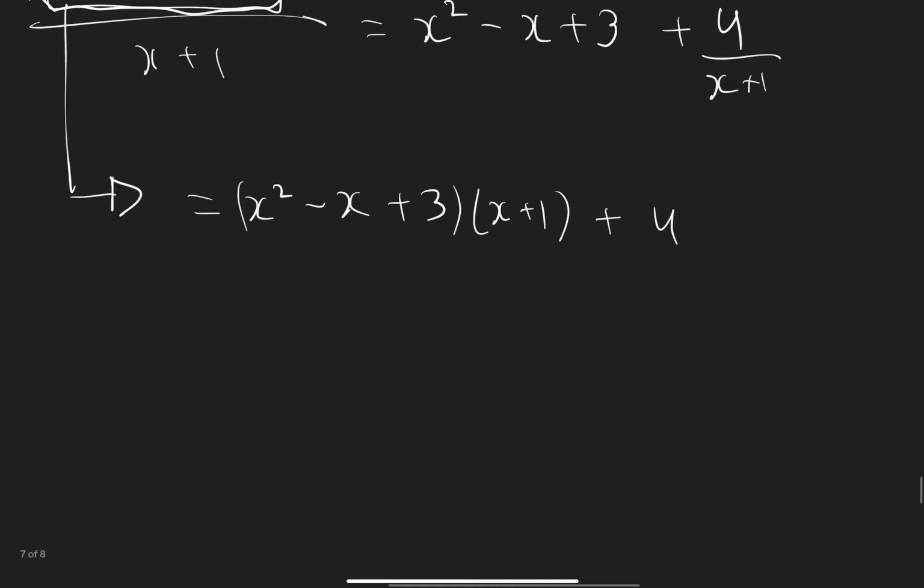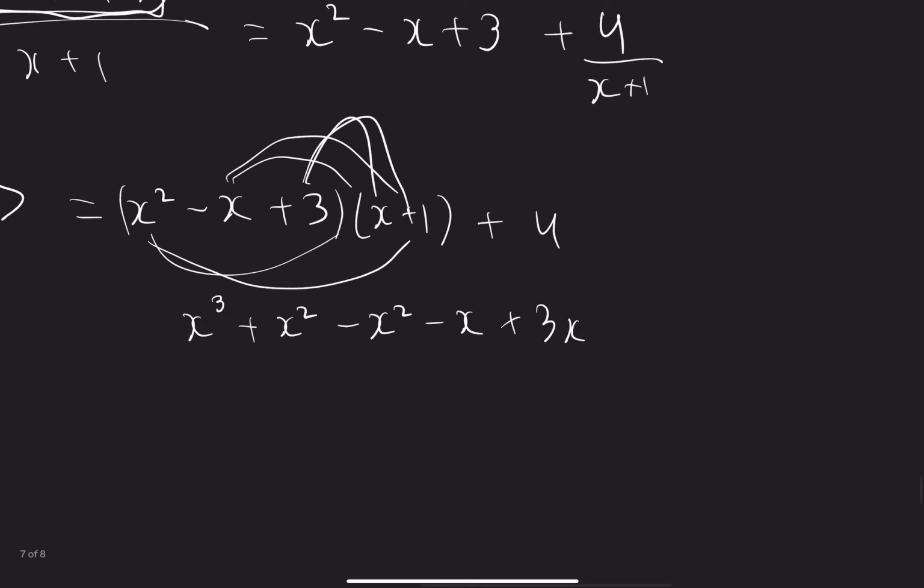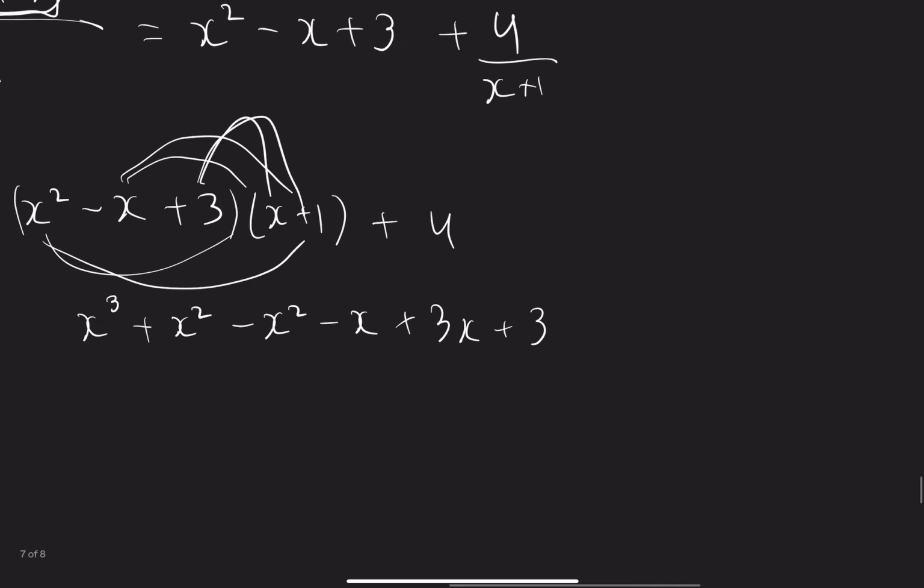Now let's just expand it. x times x squared is just x cubed, plus x squared times 1 is just x squared, negative x times x is negative x squared, negative x times 1 is just minus x, 3 times x is plus 3x, 3 times 1 is just 3, plus 4.